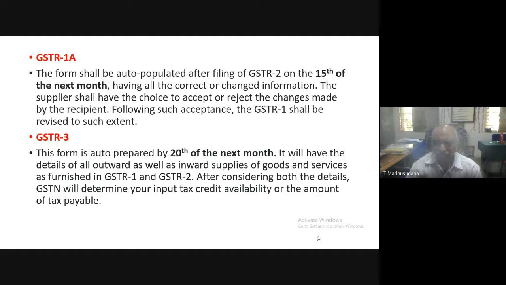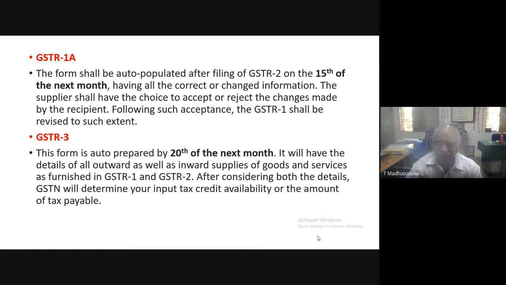The information regarding the inward supplies and outward supplies is taken from GSTR 1 and GSTR 2. Whatever information we have submitted through GSTR 1 and GSTR 2 is automatically filled in GSTR 3. In GSTR 3, we will have both inward and outward supplies details.